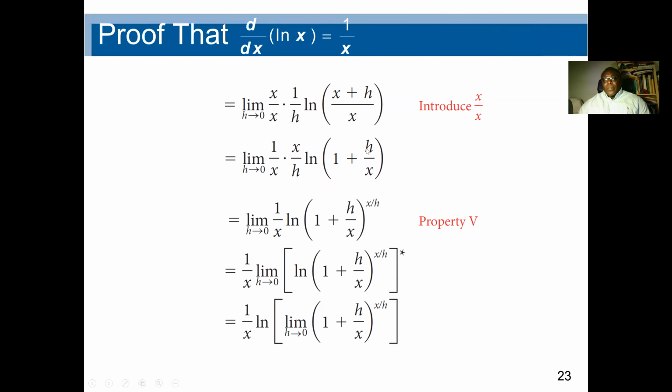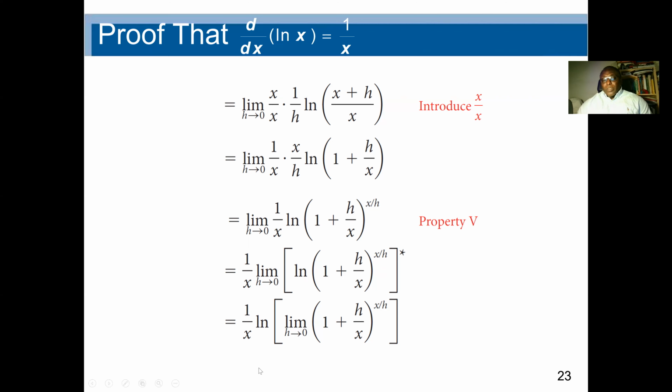Then here we still have 1 over x. Then our natural log of 1 plus h over x to the power x over h. Using the property, any value in front of the natural log, we bring back as an exponent. Then we bring our 1 over x, the limit as h approaches 0 of natural log of 1 plus h over x raised to the power x over h.